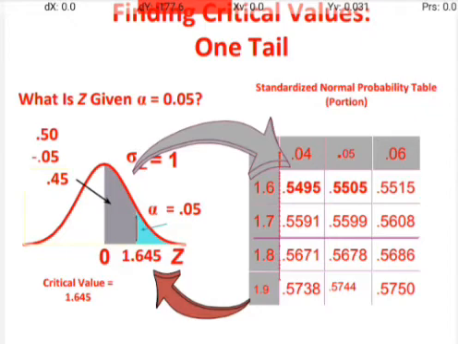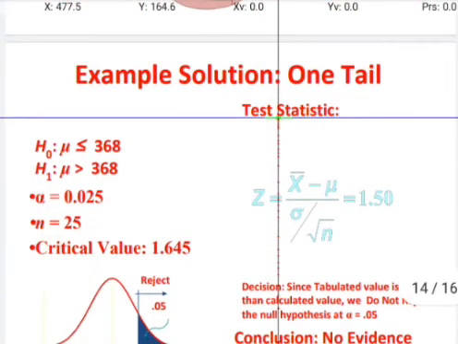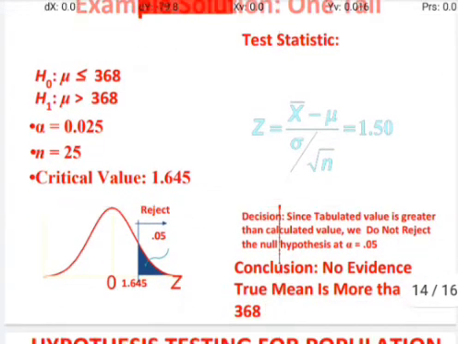This critical value you got will serve as what we call your Z tabulated. So now back to the solution. How is the solution gotten? After inputting the values, they got 1.50.